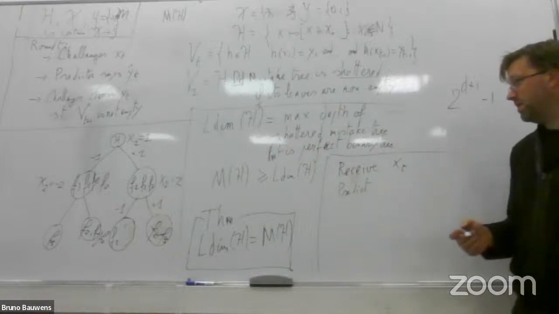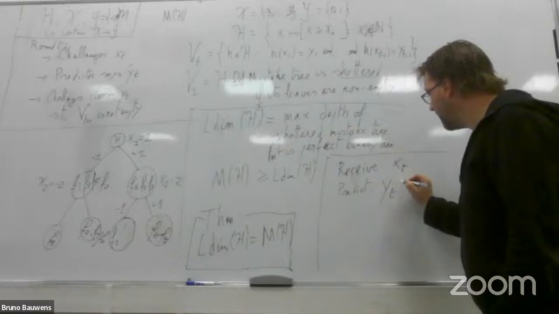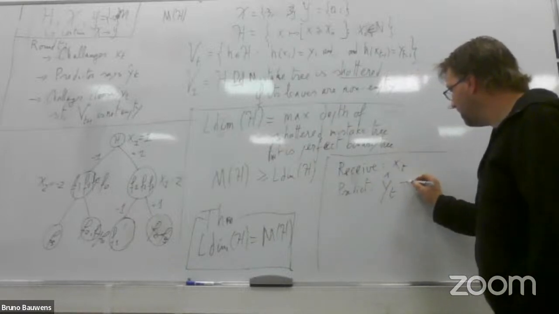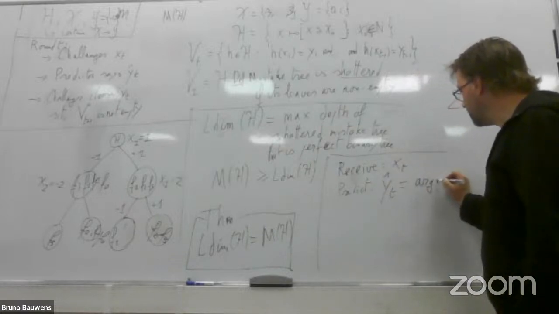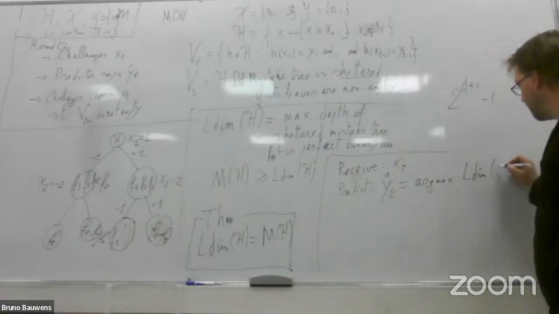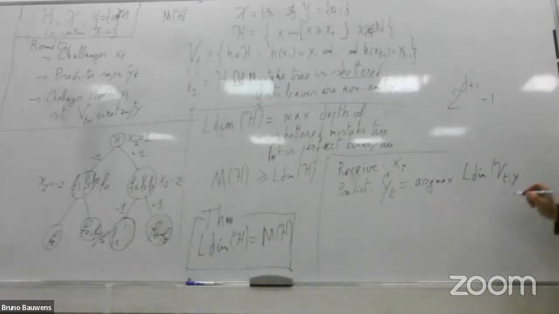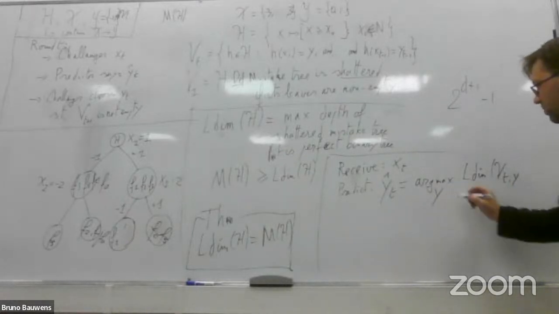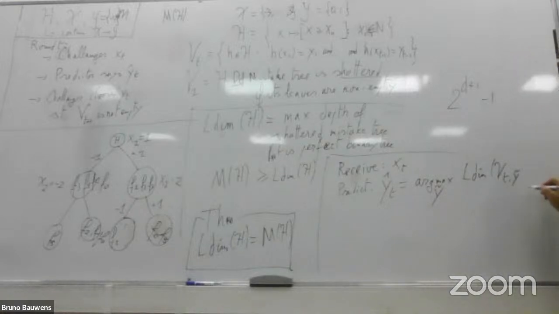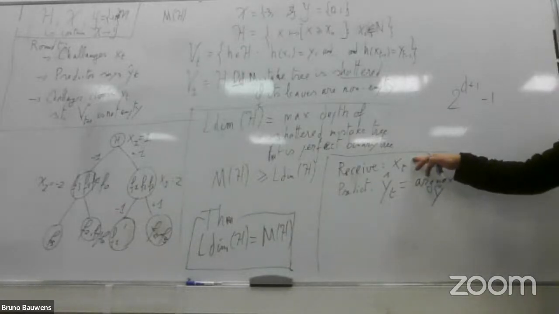So that's our strategy. We predict yt hat equal to the argmax of the Littlestone dimension of our version space in the current round, argmax over y tilde. And here, I mean the version space after adding the label y tilde for the input xt.